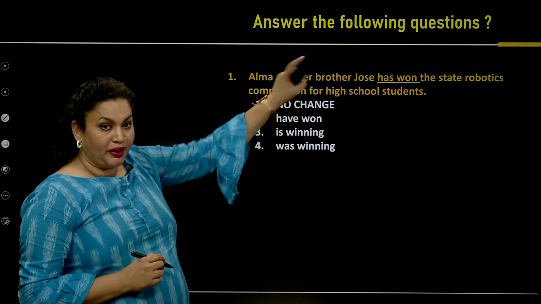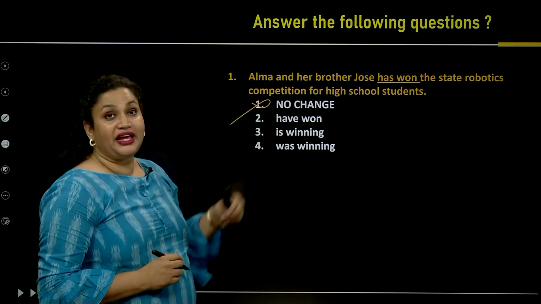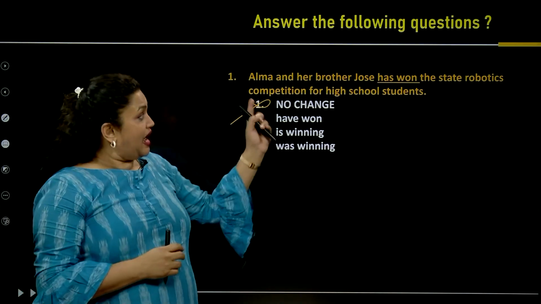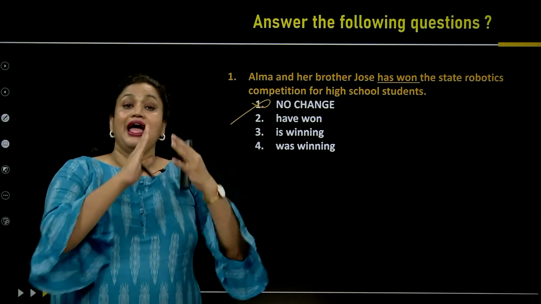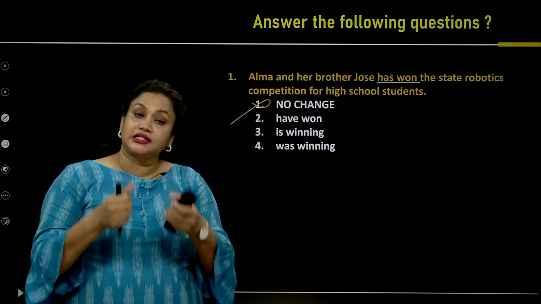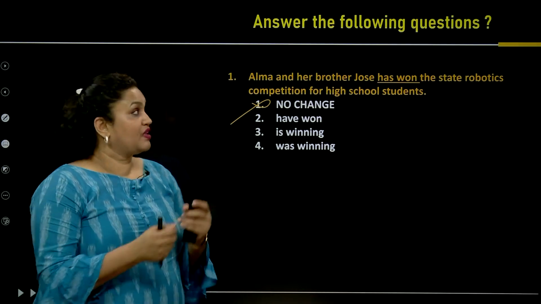Definitely, again, there are two people. Therefore, is wrong. Now, if at all you say Alma, comma, along with her brother Jose, has won the state robotics competition, that is the right usage.